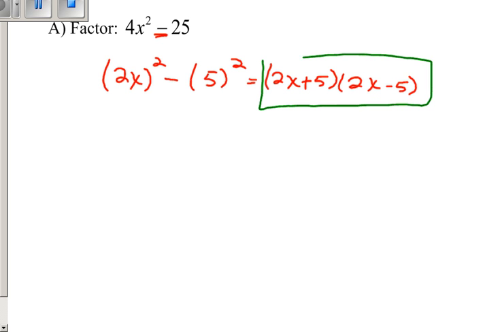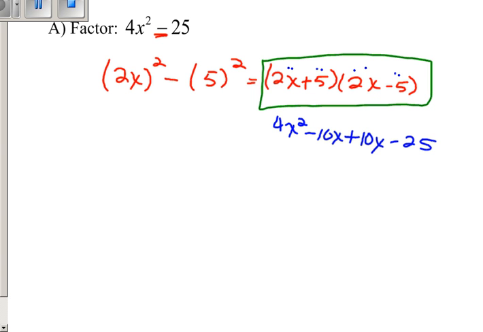Again, if I'm unsure, I can go ahead and FOIL. First, 2x times 2x is 4x squared. Outer, 2x times negative 5 is negative 10x. Inner, 5 times 2x is positive 10x. And last, 5 times negative 5 is negative 25.